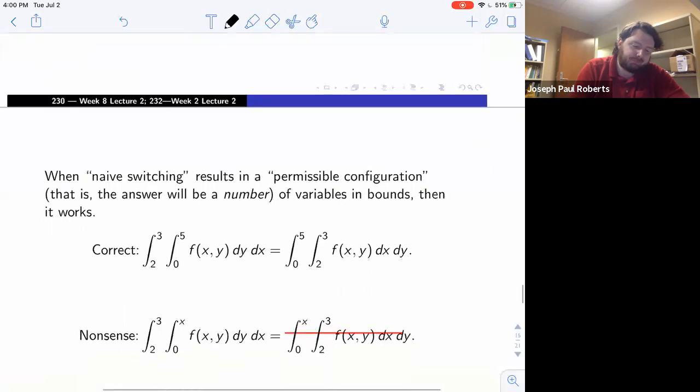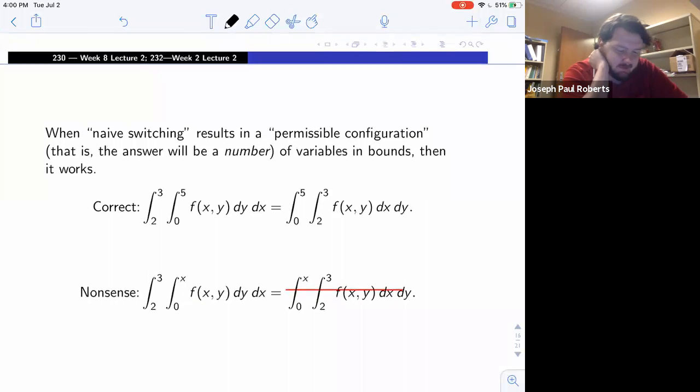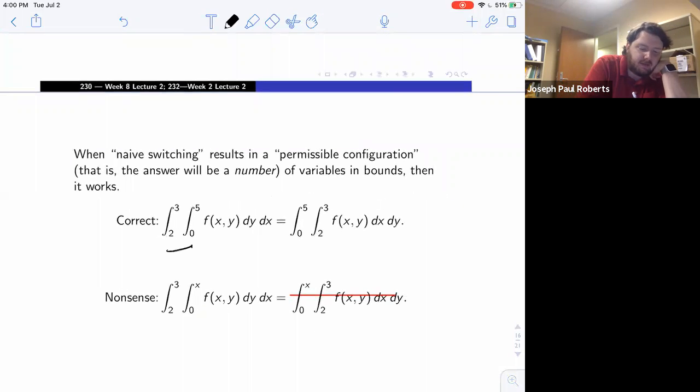So for example, if you can switch the bounds in the naive way, the way that works for rectangles in double integrals, for example 2 to 3, 0 to 5, dy dx, because those are numbers, you can do 0 to 5, 2 to 3, just make sure that you keep the x values with dx and the y values with dy. So you flip both together to get the new thing.